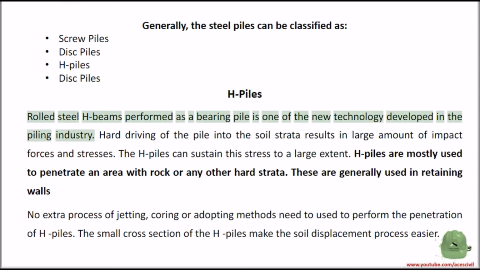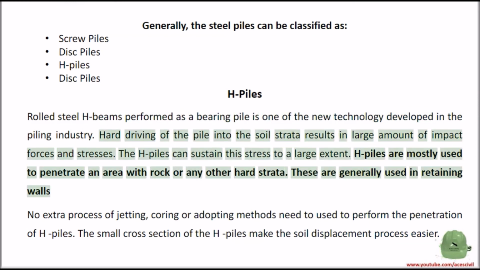Rolled steel H-beams performed as a bearing pile is one of the new technology developed in the piling industry. Hard driving of the pile into the soil strata results in large amount of impact forces and stresses. The H-piles can sustain this stress to a large extent.